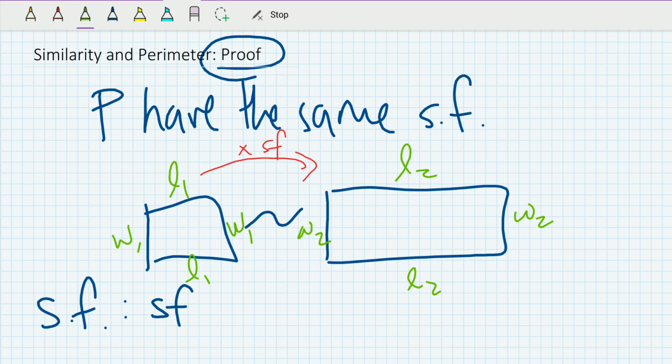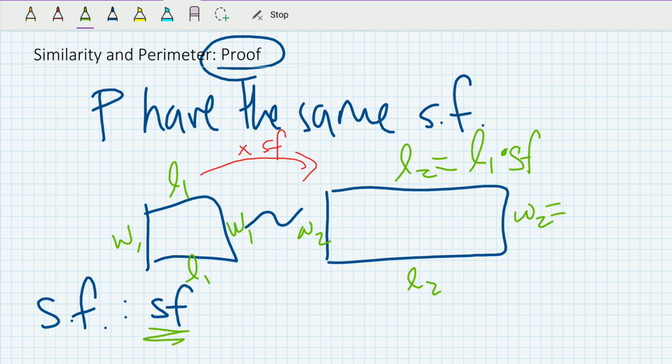But let's be even more specific. I actually know how to relate L2 back to L1. It's L1 times the scale factor that I give you. For instance, if it was times 2, we would multiply everything times 2. If it was times 0.3, then it'd be times 0.3 for everything. Since this is a proof, I'm just going to keep it as SF.